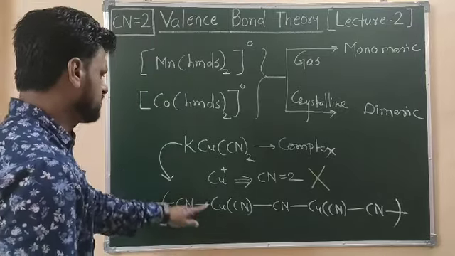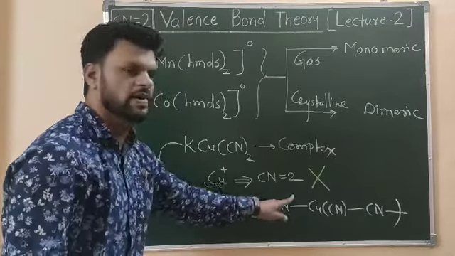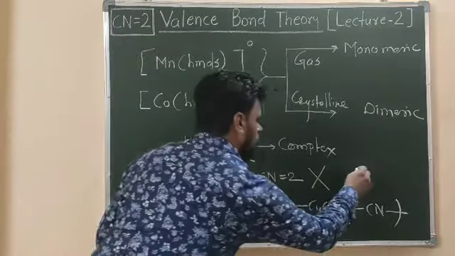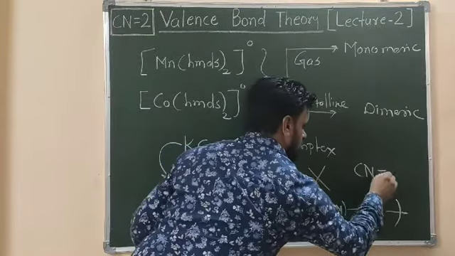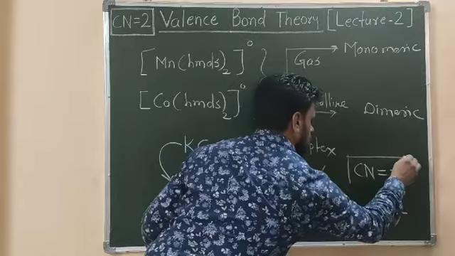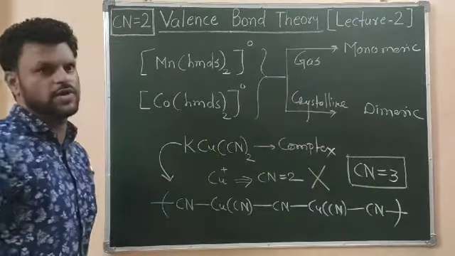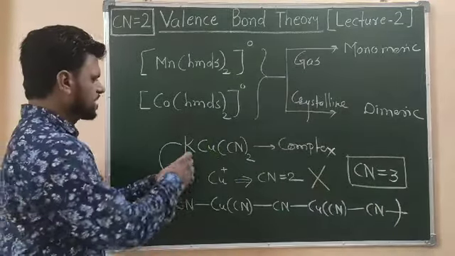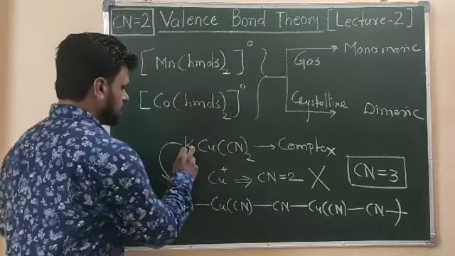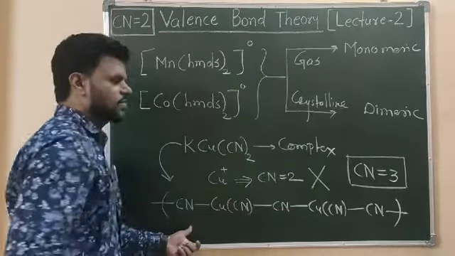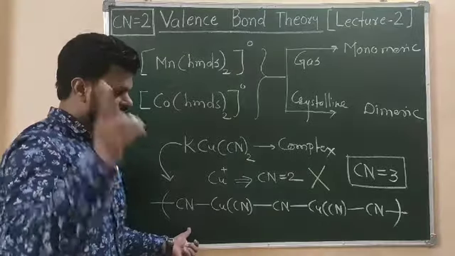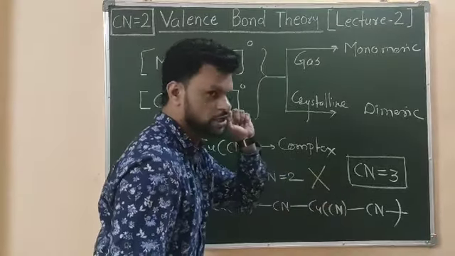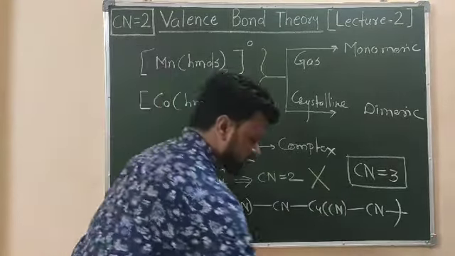So this complex may look like coordination number 2, but this is not the case. This is a coordination number 3 complex. This is the way you need to observe the chemistry properly. You can't take a simple decision based only on the molecular formula. The structure of the complexes is very essential if you want to conclude the coordination number and nature of the complexes.